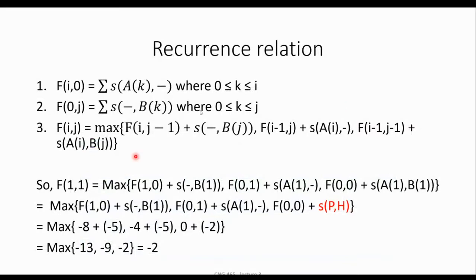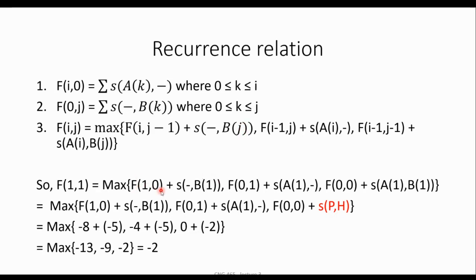So how can I calculate F11 just as a practice? By using this law, I'm looking for the maximum of 3 numbers. But how to come up with these 3 numbers? By using this formula. If I'm looking for F11, consider i as 1, consider j as 1, and just insert it inside the table.